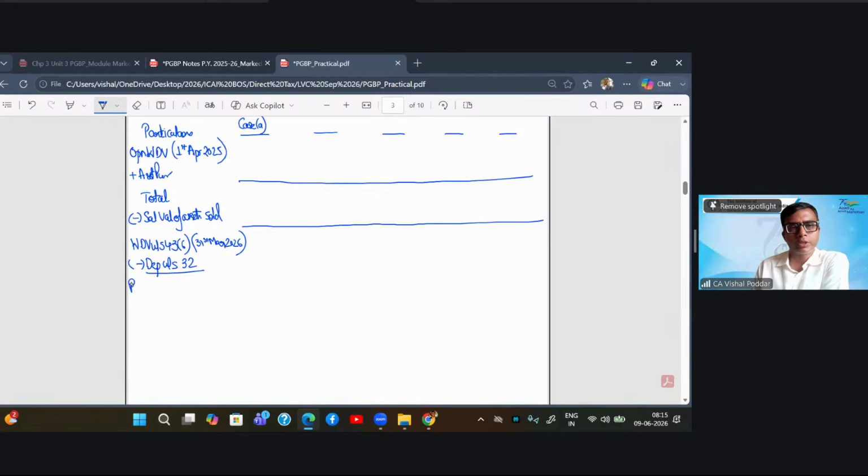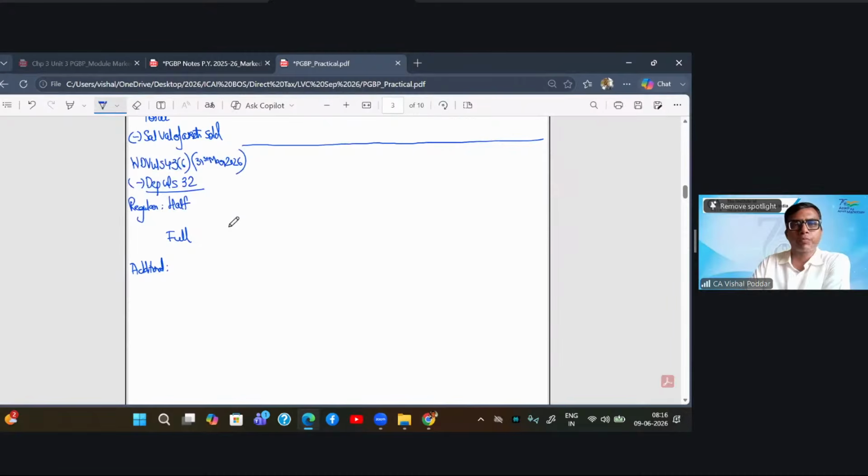In this, two depreciations: regular depreciation, half. I'll leave one line blank for showing the working. Full, again, I'll leave one line blank. Now, if you are in the old scheme, only then you will have this additional depreciation. If you're in the new scheme, your working is over with regular, there will be no additional. Now again, half, one line blank, full, one line blank. And this will give me my closing WDV.